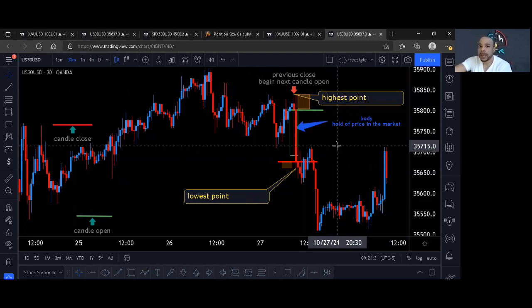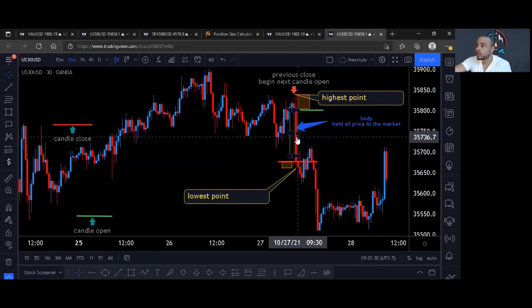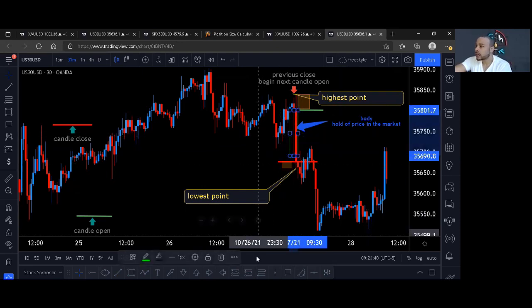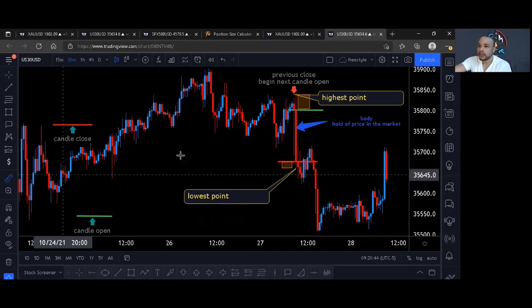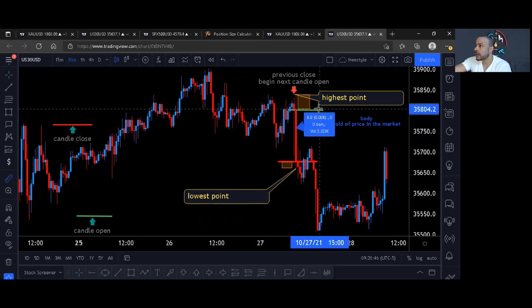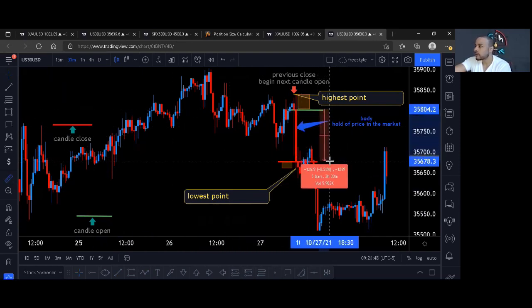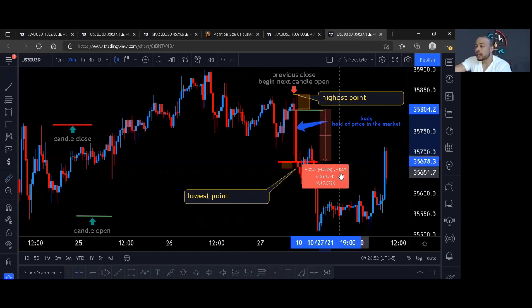Remember, we get paid off the movement in the market. So we want to see movement because that's how we get paid. This one candle here, in reference that we're dissecting, if we count the pips on this one candle, just from the open to the close, depending on your broker, it'll be 125.9 pips.